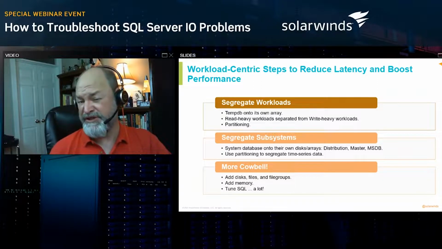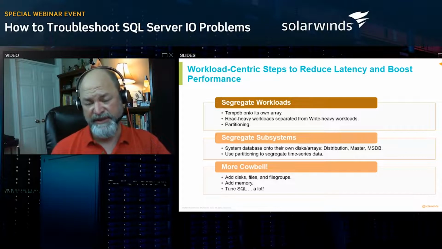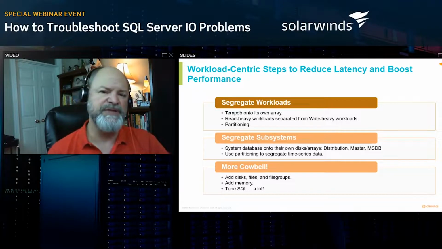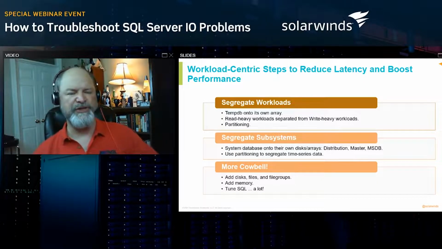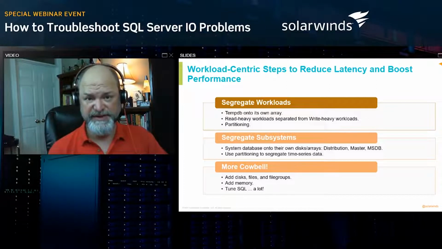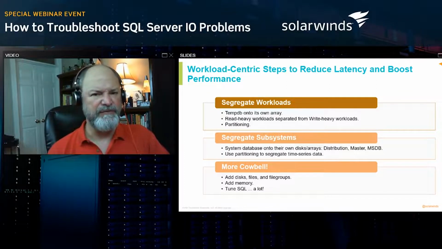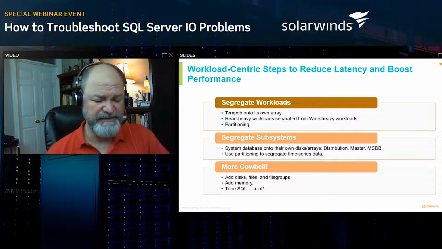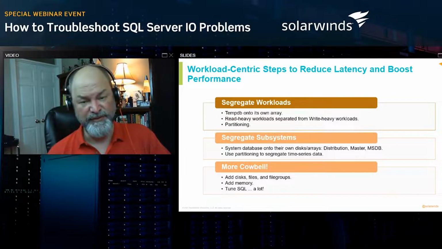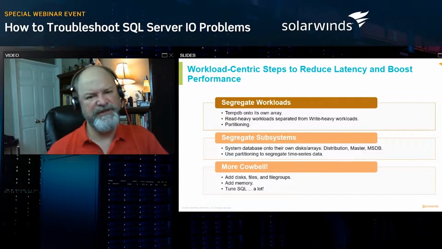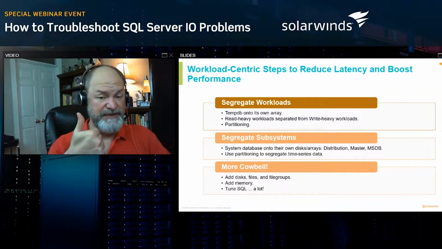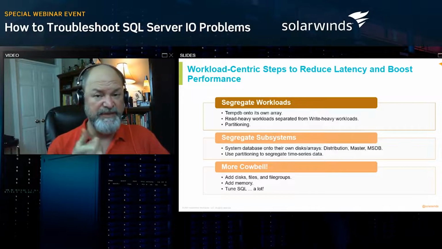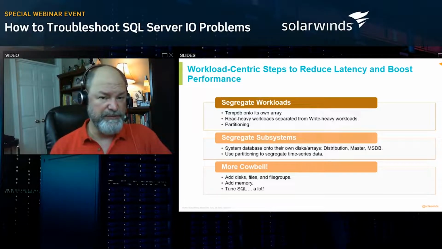But what partitioning is really good at, and on the slide I mentioned time series data, is this: most databases have a workload pattern in which the older the data is, the less likely it is to be written to again. You're not going to change a customer order from a year ago. That's not very common. So usually we have hot data that's being written right now and maybe has a lot of changes in the next week or two.